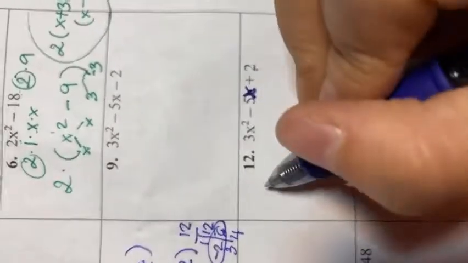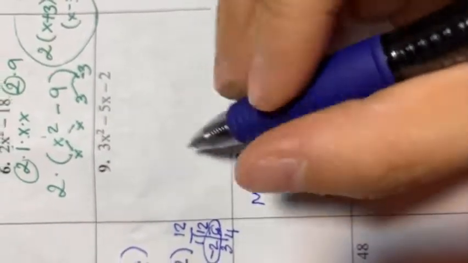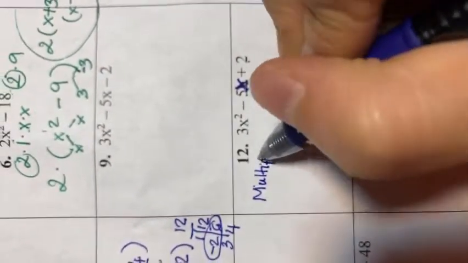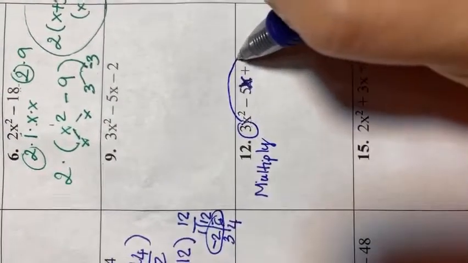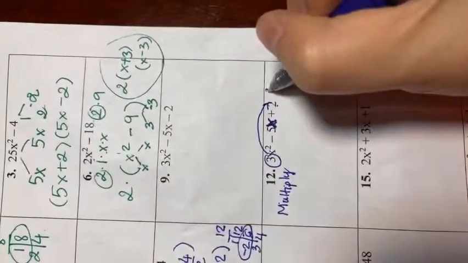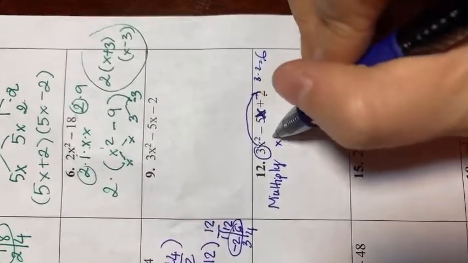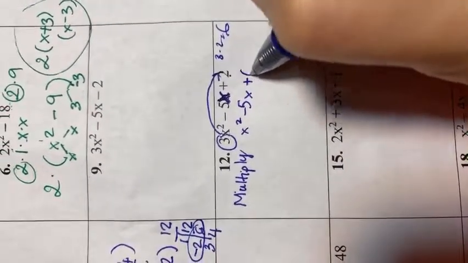So we're going to use the method called My Father Drive the Red Mustang. First we multiply. We multiply the first number 3 with the last number, which is 2. 3 times 2 gives you 6. So we're going to have x squared minus 5x plus 6.